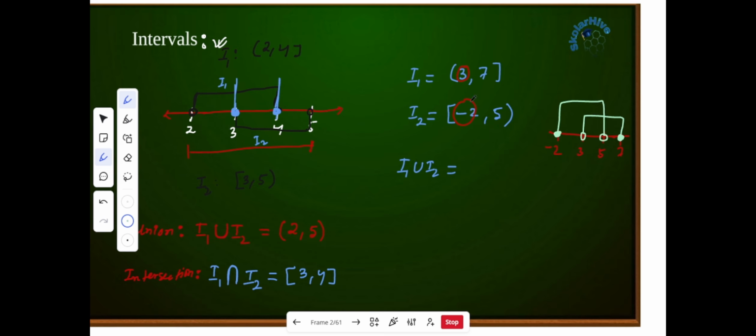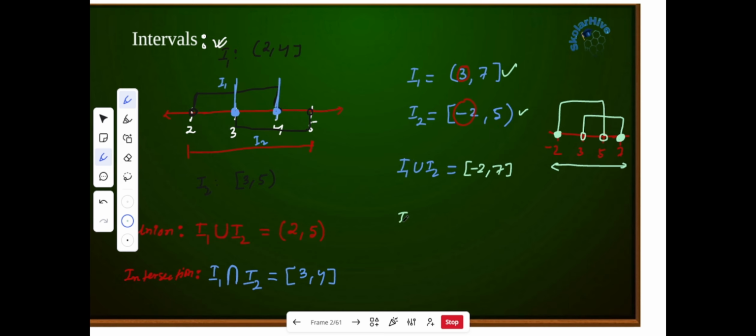Now the union of these, the interval which contains both intervals, is from -2 to 7. -2 is closed, so we write a closed bracket on the left side, and 7 is also closed. So the union of these two intervals is [-2, 7].